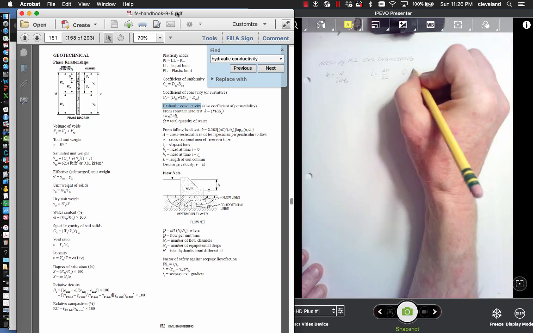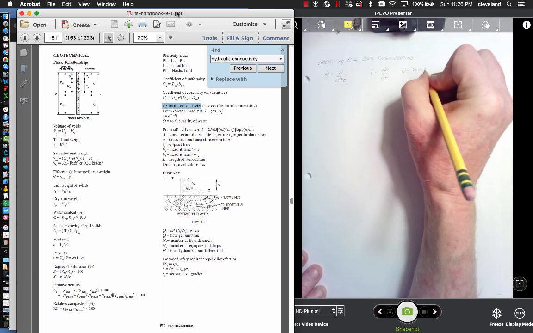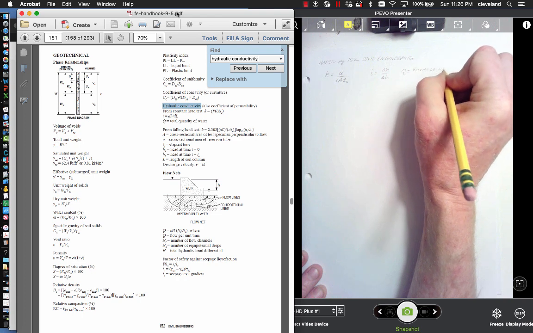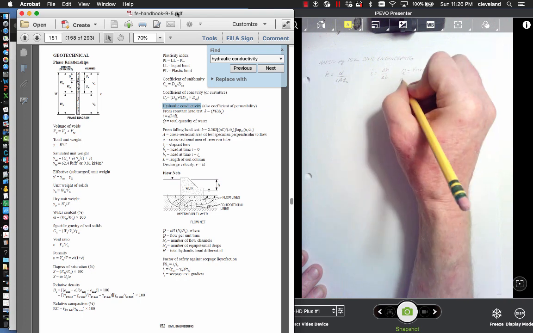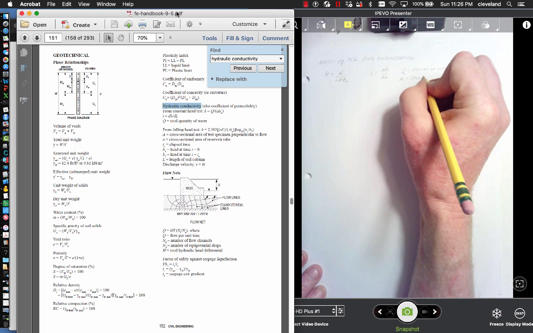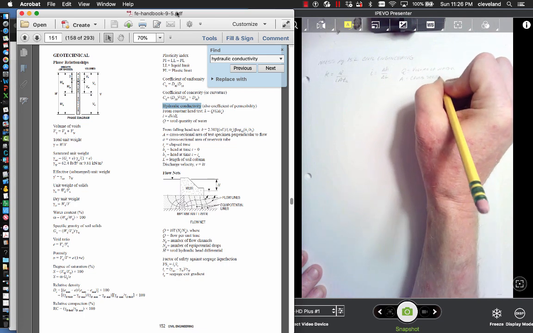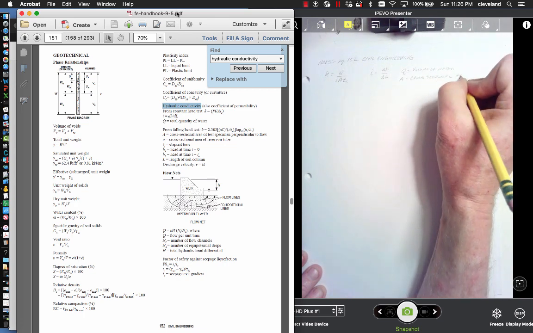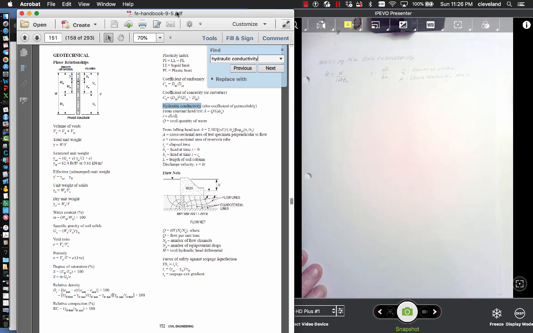Q is a volume. A is cross-sectional area. So this is a constant head permeameter like you had in your soil mechanics classes.